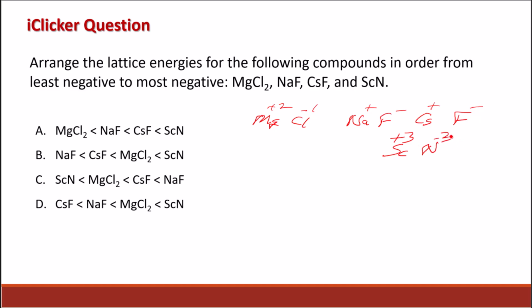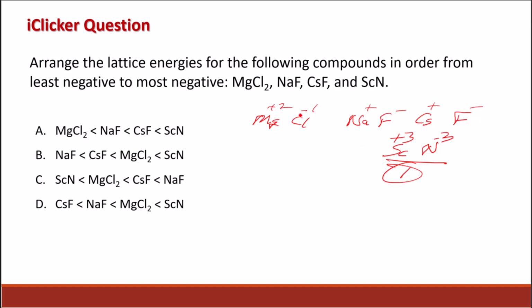That's the nitride ion. So I'm going to automatically say that this is numero uno because of these big charges. 3 times 3 is 9. That's a nice big -9. This is still a -1, -1, and this is a -2. So this is by far and away going to be the biggest.